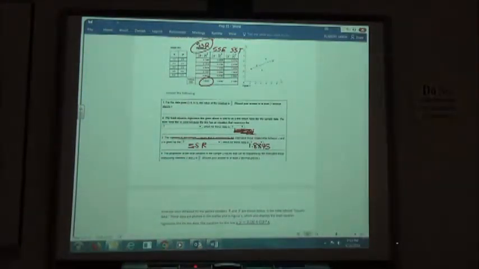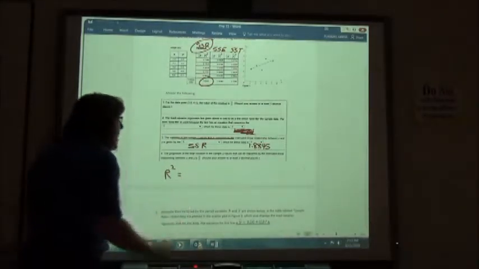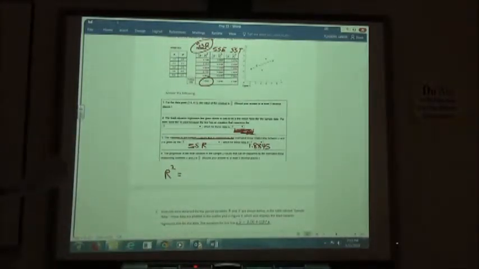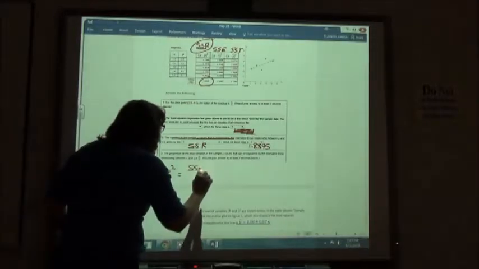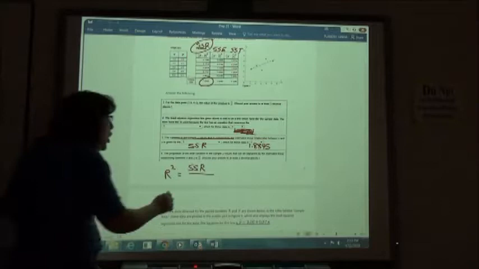And the last one, it says the proportion of the total variation in the sample y can be explained by the estimated linear relationship between y and x. And in this case, what we're trying to find is what they call r squared. R squared is found by taking the sum of the squares regression number divided by the sum of the squares total number.